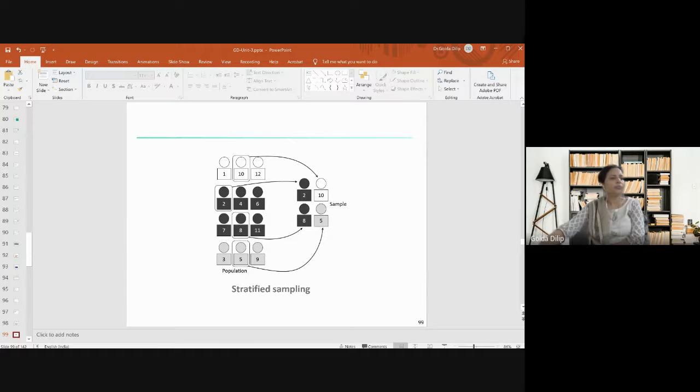Your samples are divided into the same proportion. 30-70 is the ratio, meaning 30% will be selected from one stratum and 70% from the other. The same thing is used for cross validation too.